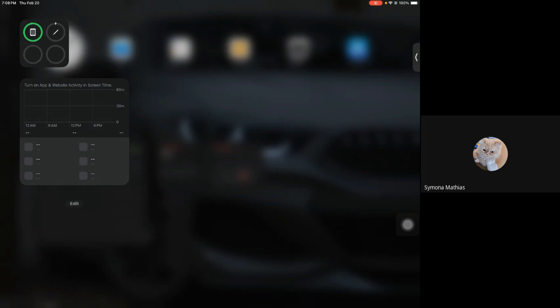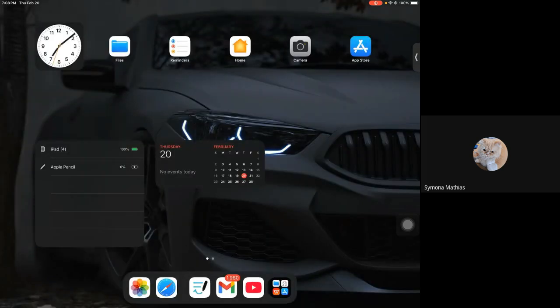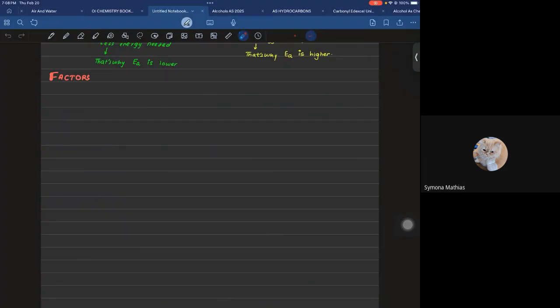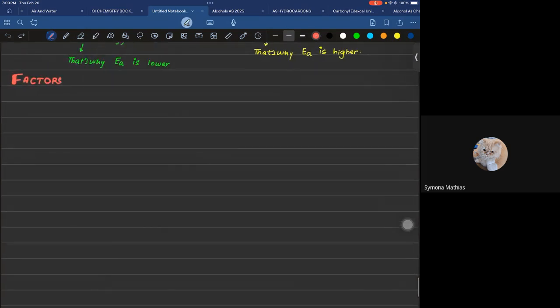Why? Because three alkyl groups are attached, and alkyl groups are electron donating groups. Since the central carbon has a partial positive charge, it has to be balanced by the negative ions. So the three alkyl groups donate their electrons, and ultimately tertiary halogenoalkane has the higher rate of hydrolysis.